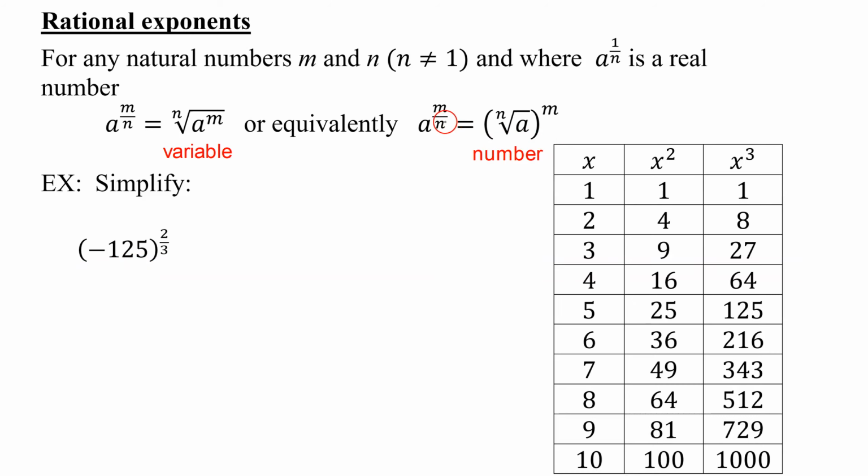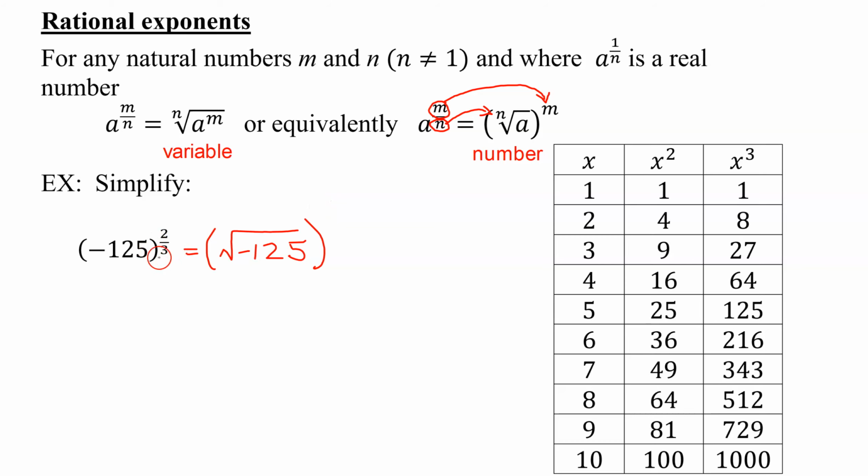And notice the denominator of the fraction becomes the index of the radical. The numerator of the fractional exponent becomes the power to which I raise that radical. So looking at my example, I'm going to have some radical, I'll figure out the index in a minute, of negative 125, and then I'm going to raise that to a power.